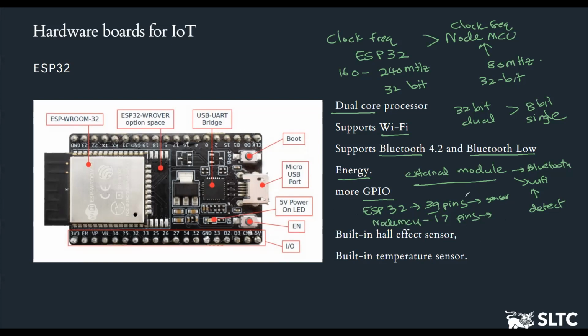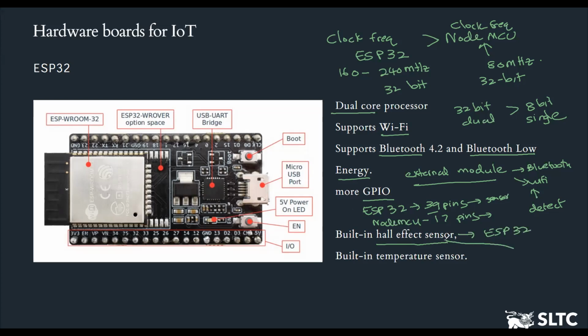So that is regarding the number of pins, and even in the number of pins, I think there's some advantage in the ESP32. Apart from that, in contrast to the NodeMCU, we have the Hall effect sensor in the ESP32, which I mentioned last time.